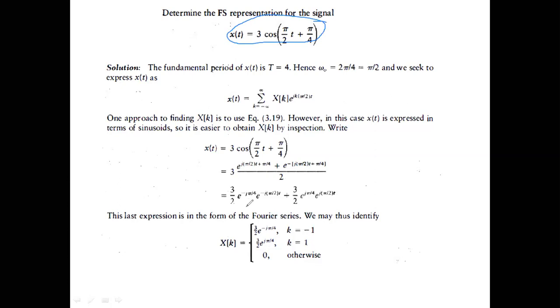This is a second type of representation for the same x of t, where it is represented in terms of e to the power j k omega naught t, that is, e to the power j and its multiples, and these are getting multiplied by some x of k. These are those values.